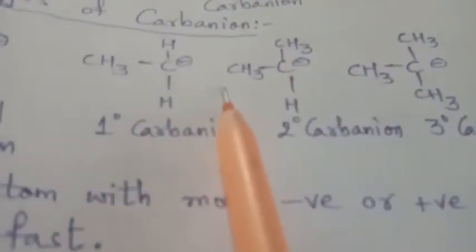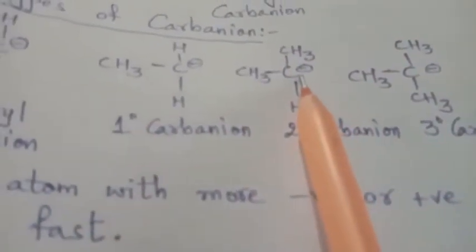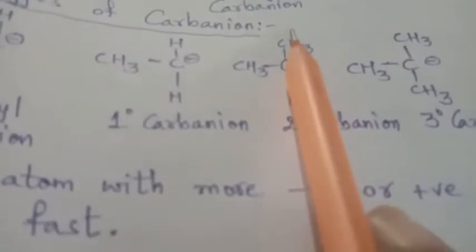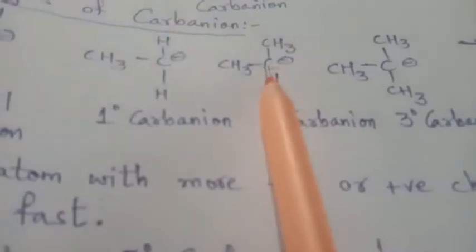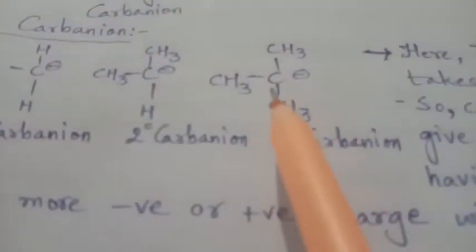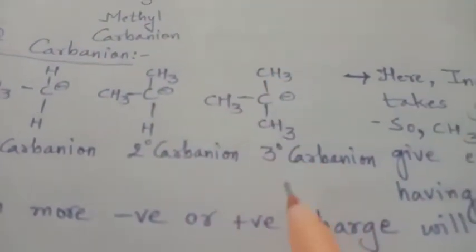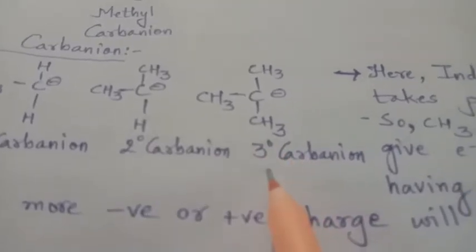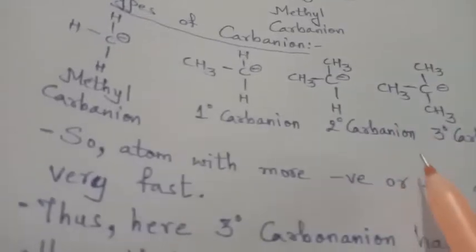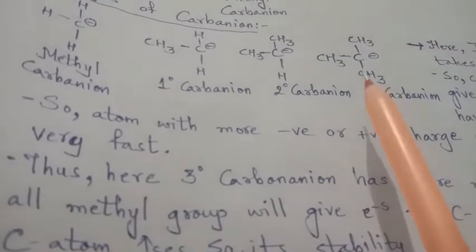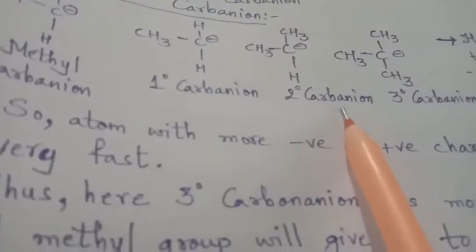When 2 methyl groups are attached to the carbon, it is 2 degree carbanion, and when the carbon is attached on all 3 sides with methyl groups, it is 3 degree carbanion.